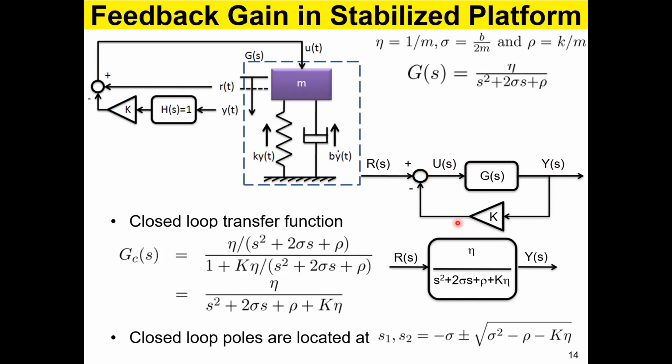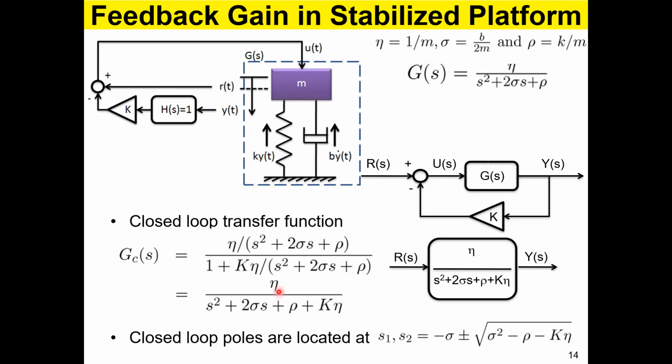When you do that, the closed loop transfer function is given by G(s) over 1 plus K G(s). Don't forget that. It is the most common equation in control systems. The feedback closed loop transfer function, G_c(s), is G(s) over 1 plus K G(s).